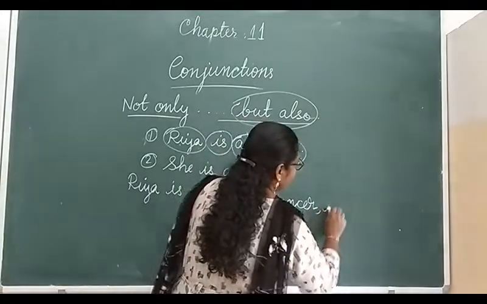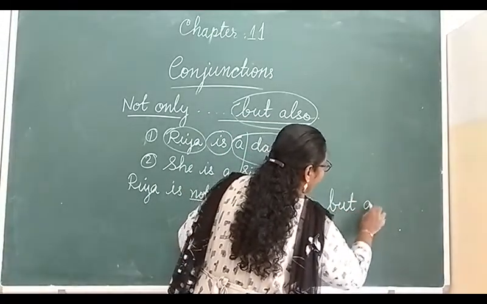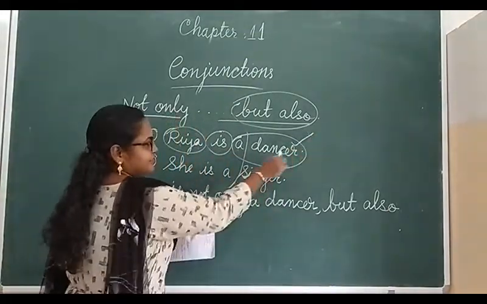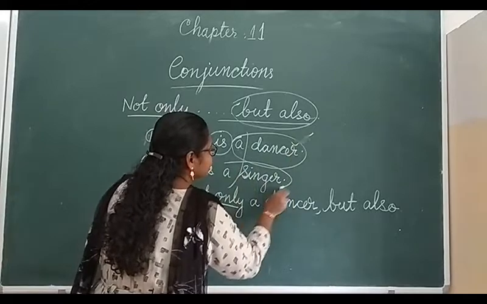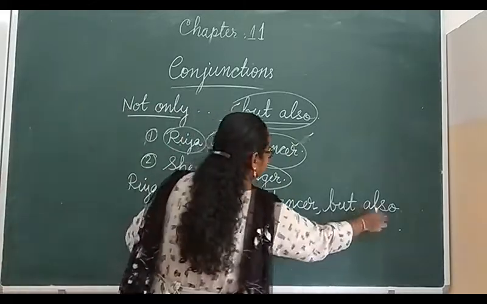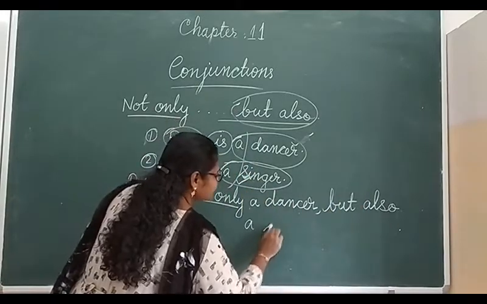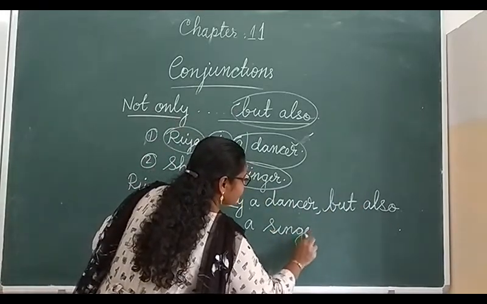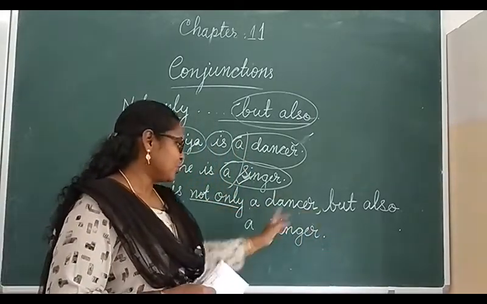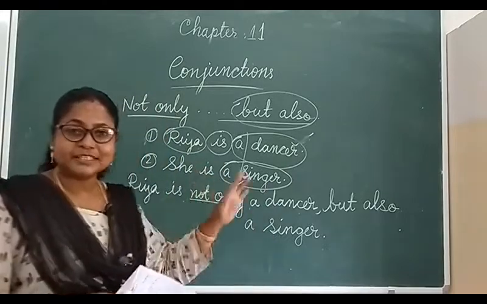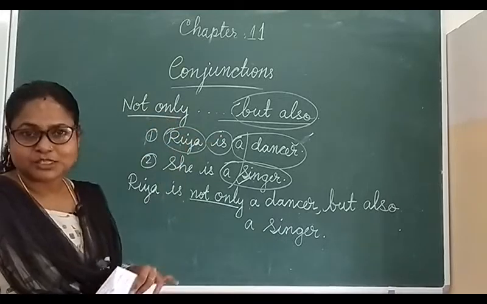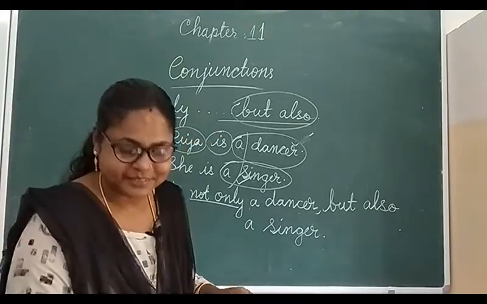Then here comes but also, and then a singer. Riya is not only a dancer but also a singer. Okay. We combined these two sentences together using this conjunction not only but also. Is it clear? Yes.